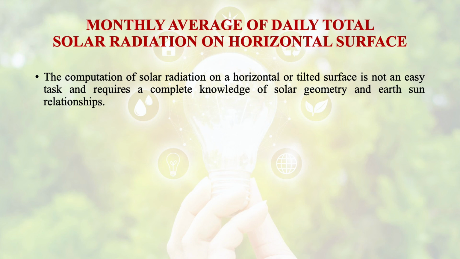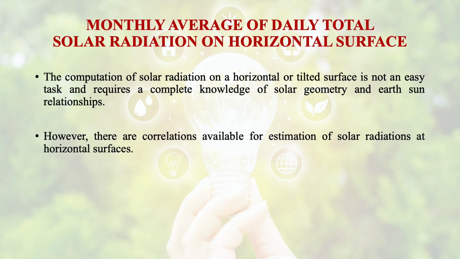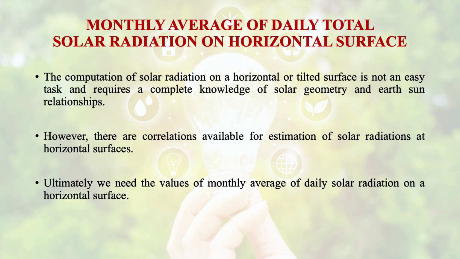It requires complete knowledge of solar geometry and earth and sun relationships also. However, researchers have developed various correlations to estimate solar radiation on horizontal surfaces. Ultimately we need the value of the monthly average of daily solar radiation on a horizontal surface.